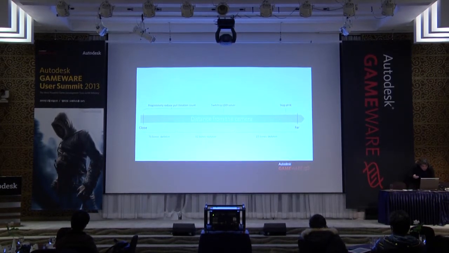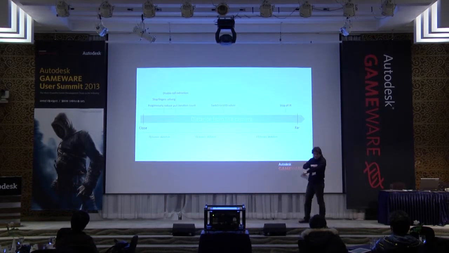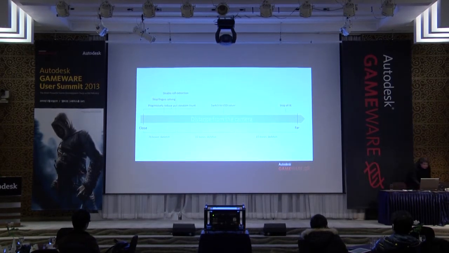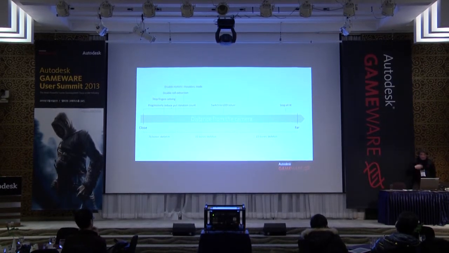And then you can, for instance, stop doing IK on character fingers when it's getting further, then disable the roll extraction. The roll improves the character solving on the arm to avoid skinning glitches, but you won't notice these glitches from further away, so you can disable it, etc., etc.